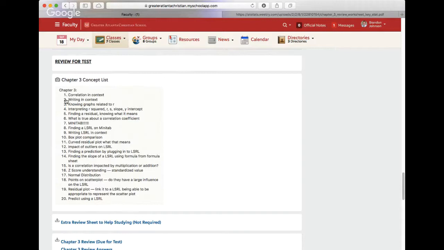Talk through, hey, what does it mean? What does correlation mean in context? What does R mean? Well, it refers to strength. We can tell direction. Correlation relates to linear regression, right? Things like that are things that you really want to go over and write about.